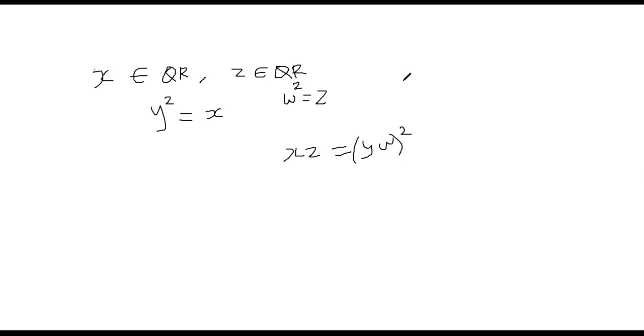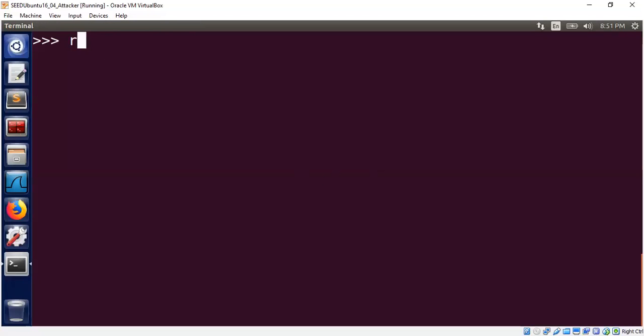What is perhaps more interesting is to see what happens if you take a quadratic residue and multiply it with a non-quadratic residue. I'm going to take an example, and for that purpose I will use my little Python program that generates quadratic residues. Let's generate the quadratic residue table for the group Z star 21.